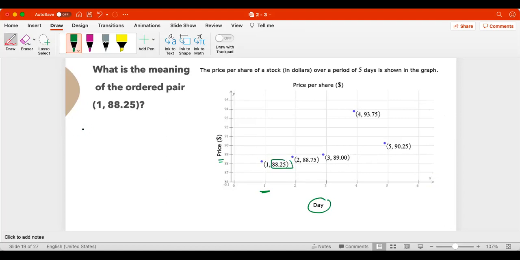So this means on day 1, the stock was 88.25. So on day 2, it was 88.75, and on day 3, it was $89, and so on.